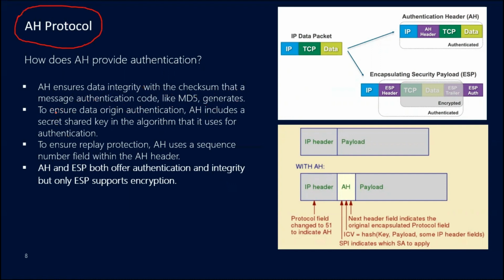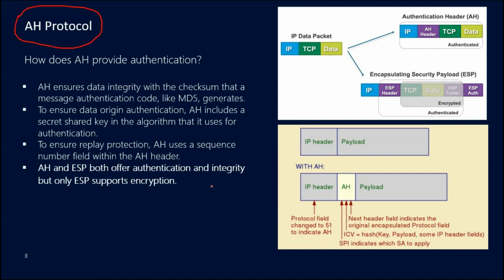So basically it provides authentication to the data with the help of MD5 algorithms. One thing we have to remember here is that the AH protocol will only and only offer authentication. It will not encrypt your data.